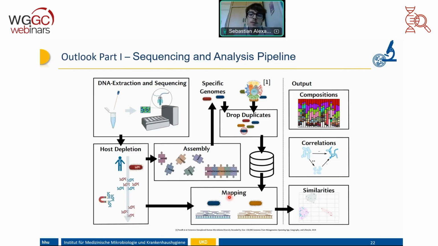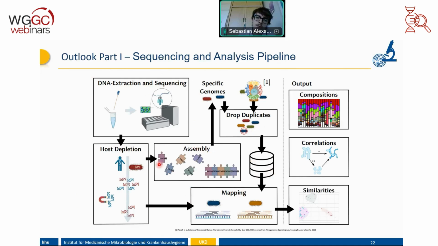The good thing is, from this project, we developed the pipeline you can see here, where we can use our extracted DNA for sequencing. We have a step where we can deplete the host DNA and then use the residual reads for mapping against the database.